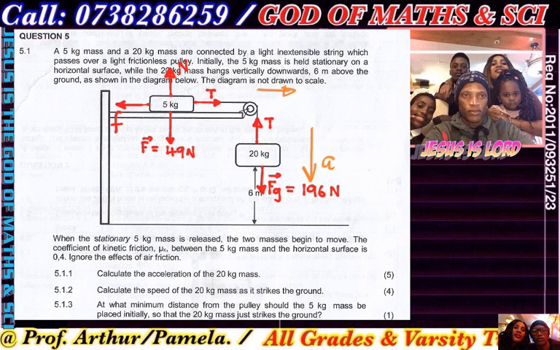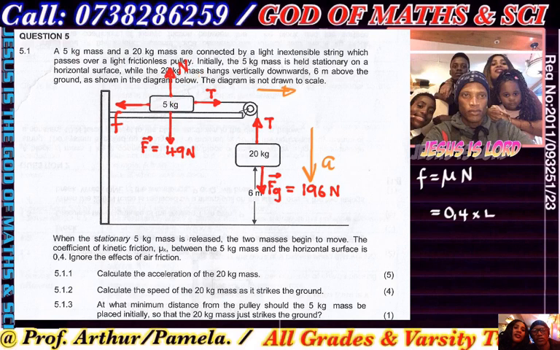Now we can figure out friction, because to determine friction, you use F equals mu times the normal force. The mu is given to us as 0.4. When we focus on the 5 kg, we've got vertical forces, the normal and the 49. So normal will be equal to 49, because it must balance that 49.